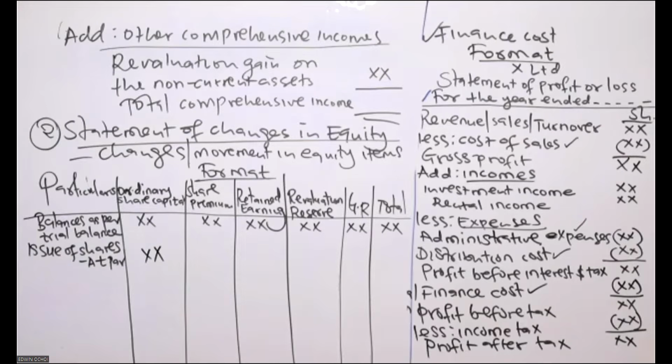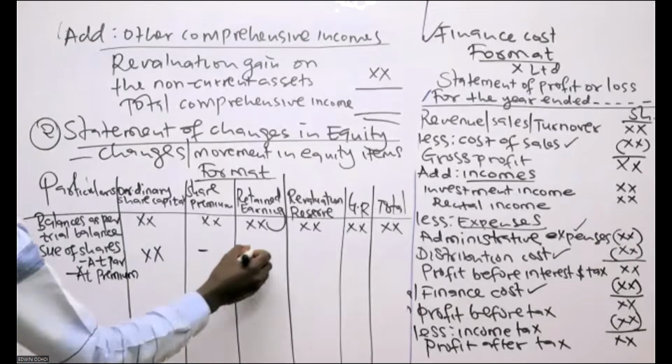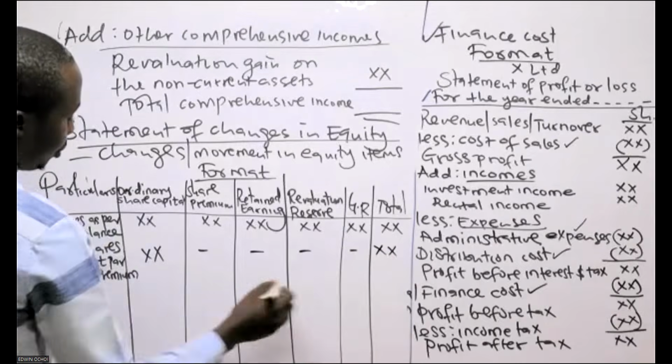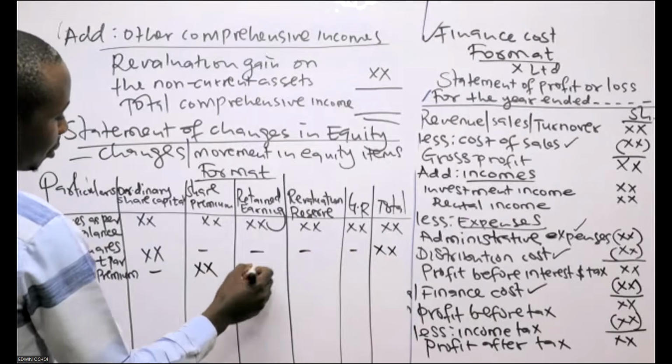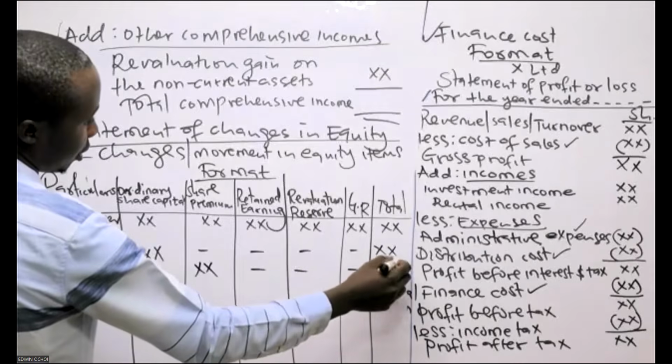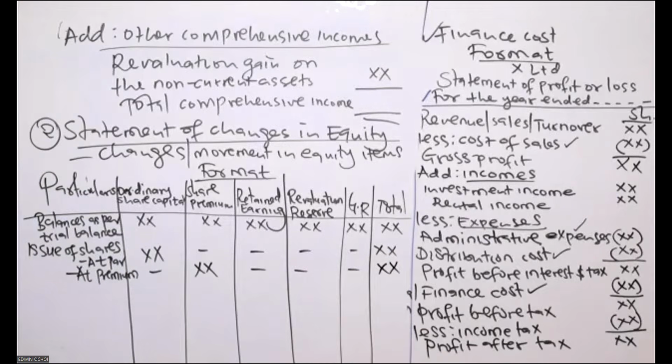Ordinary share capital. It increases our capital. And we have shares at a premium, which will affect the share premium, and you take it to the total. You can have a bonus issue or rights issue, which affects ordinary share capital.